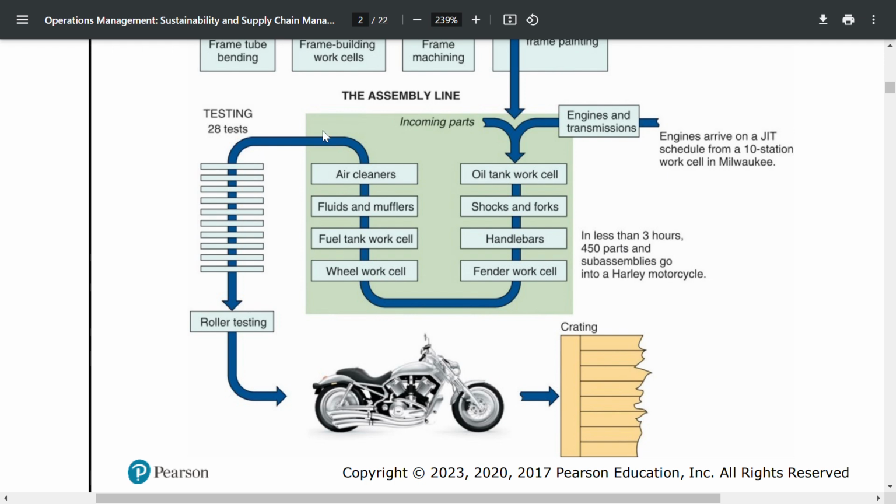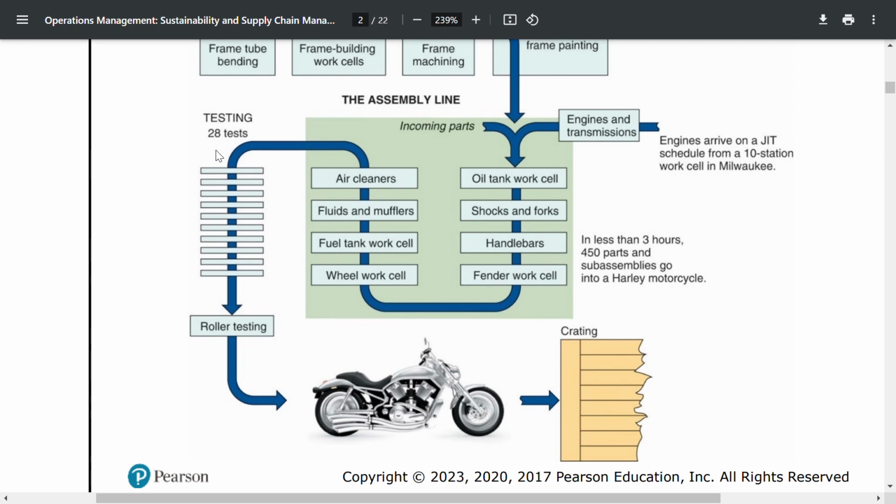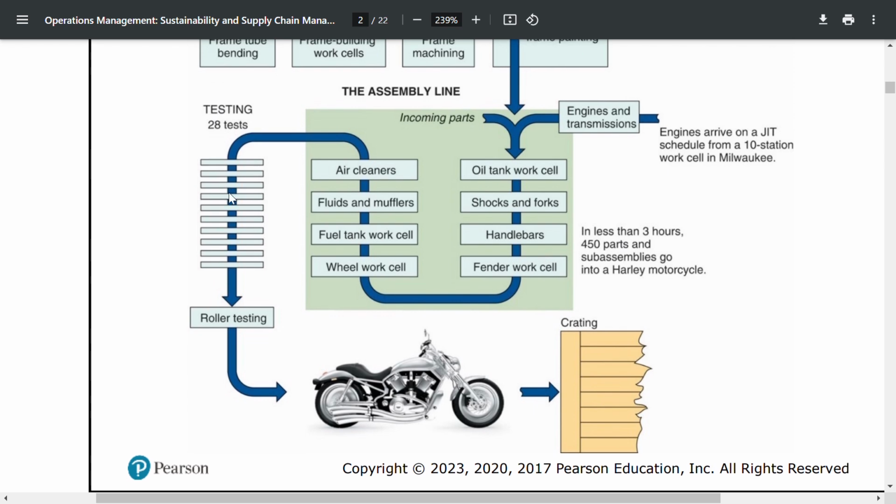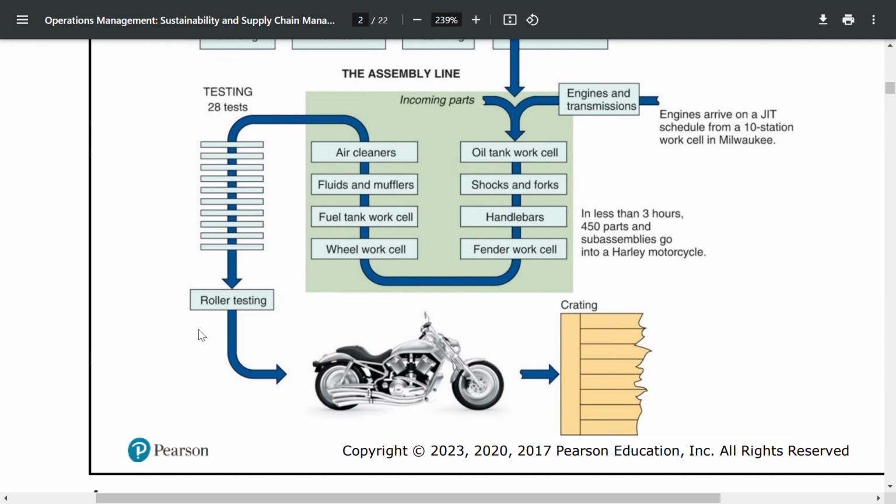After the assembly line, it goes to testing. There are 28 tests for each motorcycle. That's very important, very crucial, because it's gonna go on the road, and we don't want any errors or issues with the motorcycle, because it would then be detrimental for the user's life. Then it goes to roller testing, which is a different type of testing, and then it goes to crating.